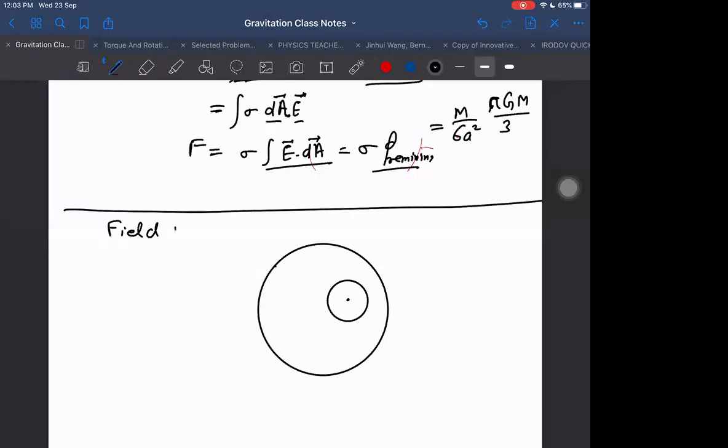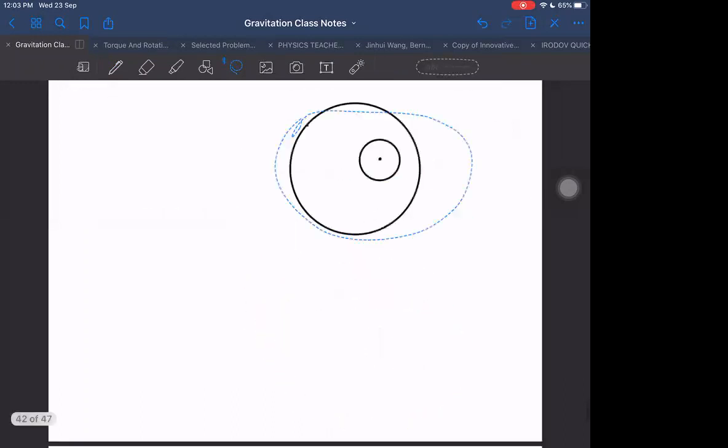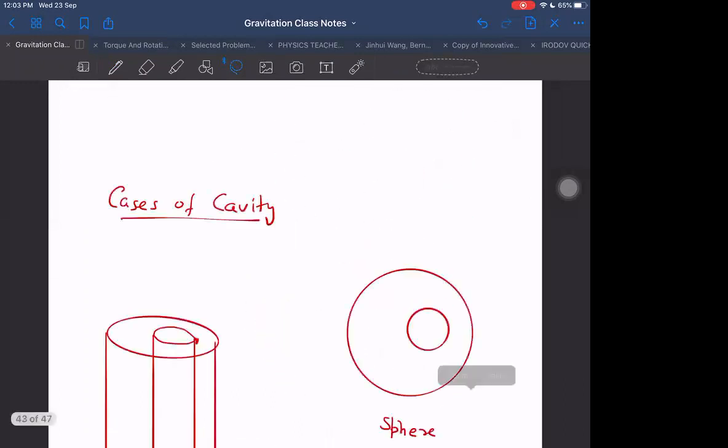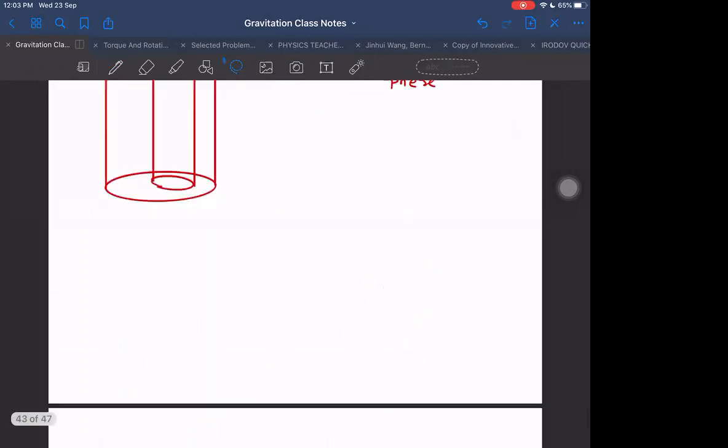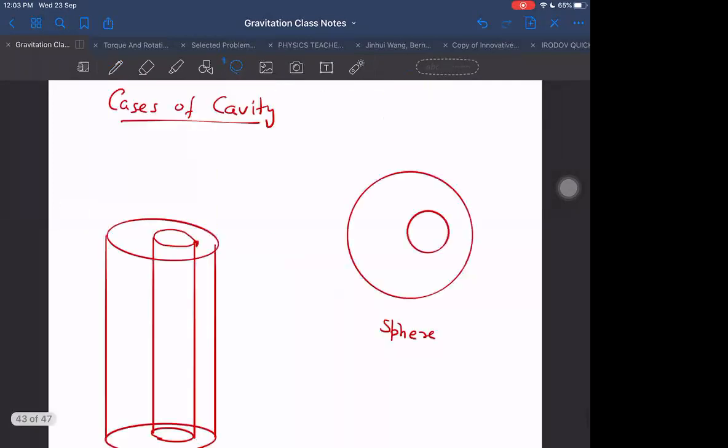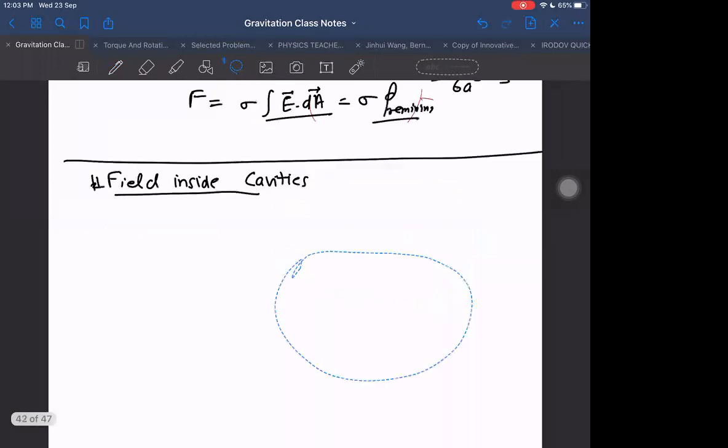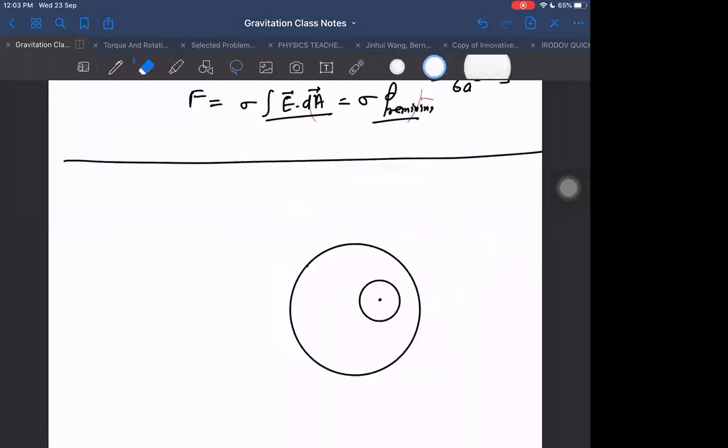Now I will find the field inside cavities. First I will take cavities in uniform bodies, cavities in a uniform sphere or uniform cylinders. That only I will be taking. Cases of cavity. Already this diagram was drawn here. I could have taken this. Let me take those only, their diagram.